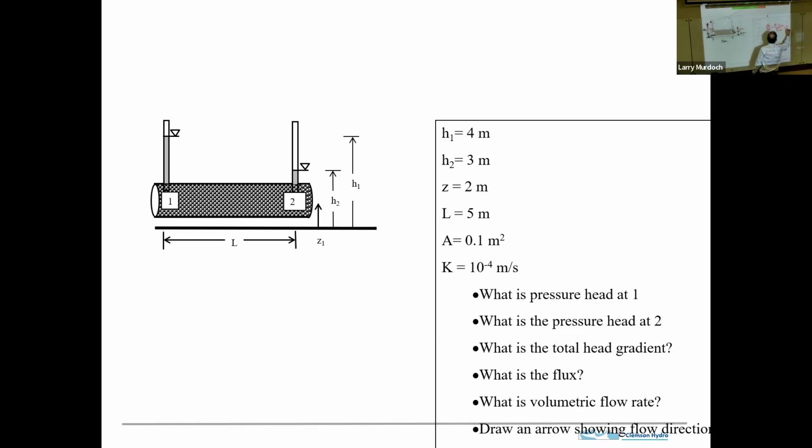So 1/5, 0.2. That's the total hydraulic head gradient. It's that divided by that, like the slope. Okay, so this is 0.2.